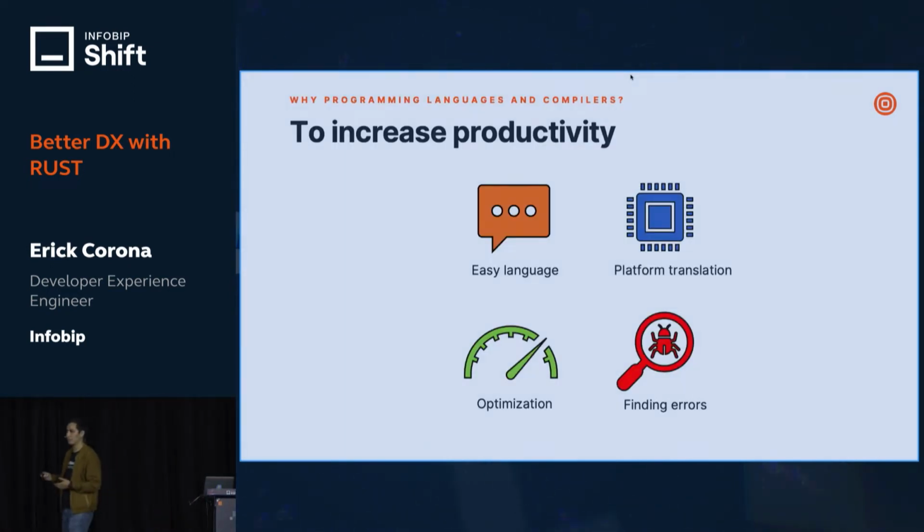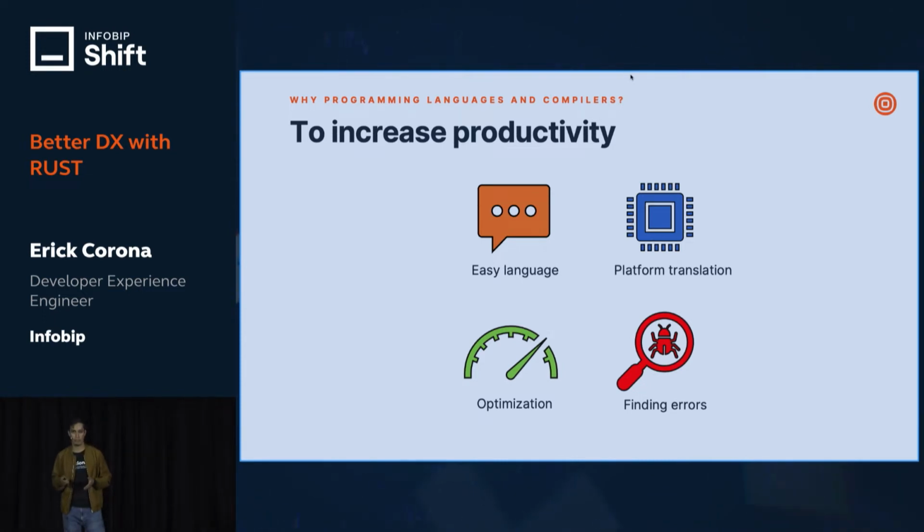So we created programming languages and compilers to improve developer productivity, mainly in 4 ways. One is to make the language easier so that it's similar to English or to mathematics. The second reason is to enable developers to run their program in different types of processors.